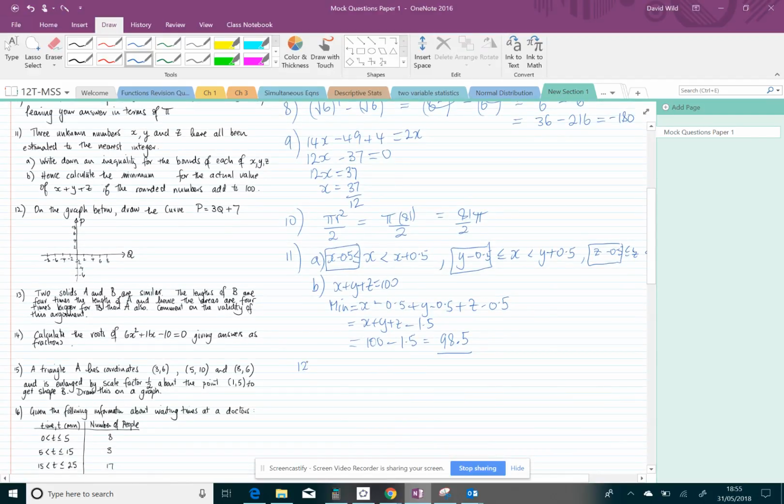Question 12. We're going to do this on the graph. So this is a little bit like y equals mx plus c. The q is x and the p is y. Remember this number here, this is the y-intercept, so it's going to go through a y-intercept, or in this case a p-intercept of 7, and the gradient is 3.